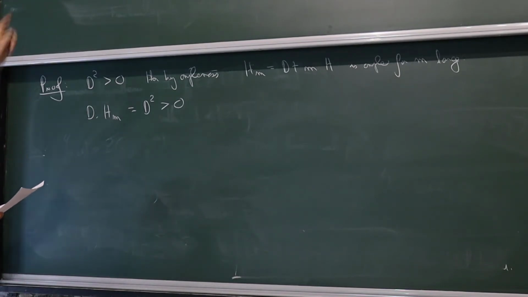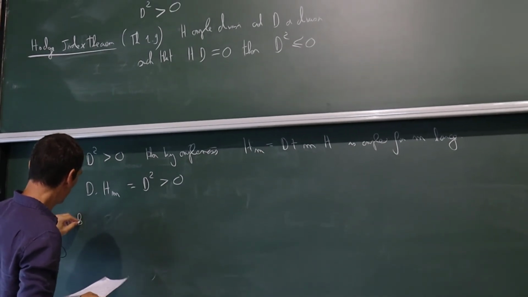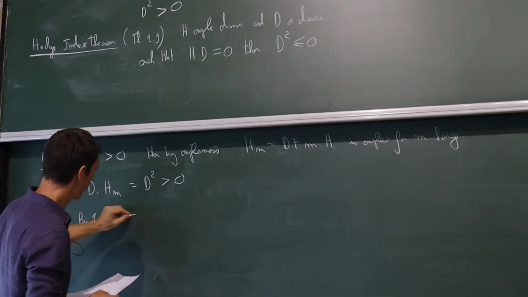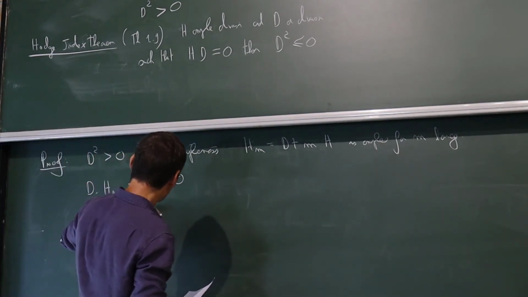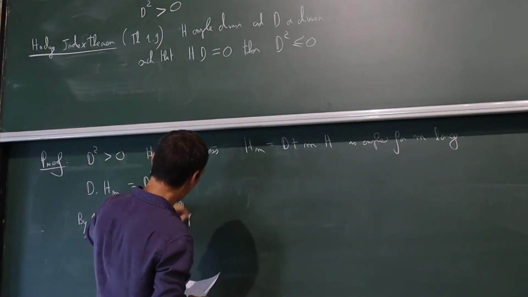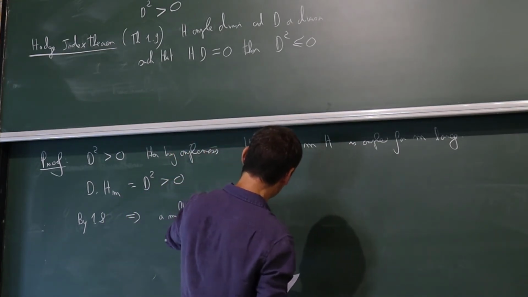So I can apply the corollary 1.8. I deduce that a multiple of D is effective.